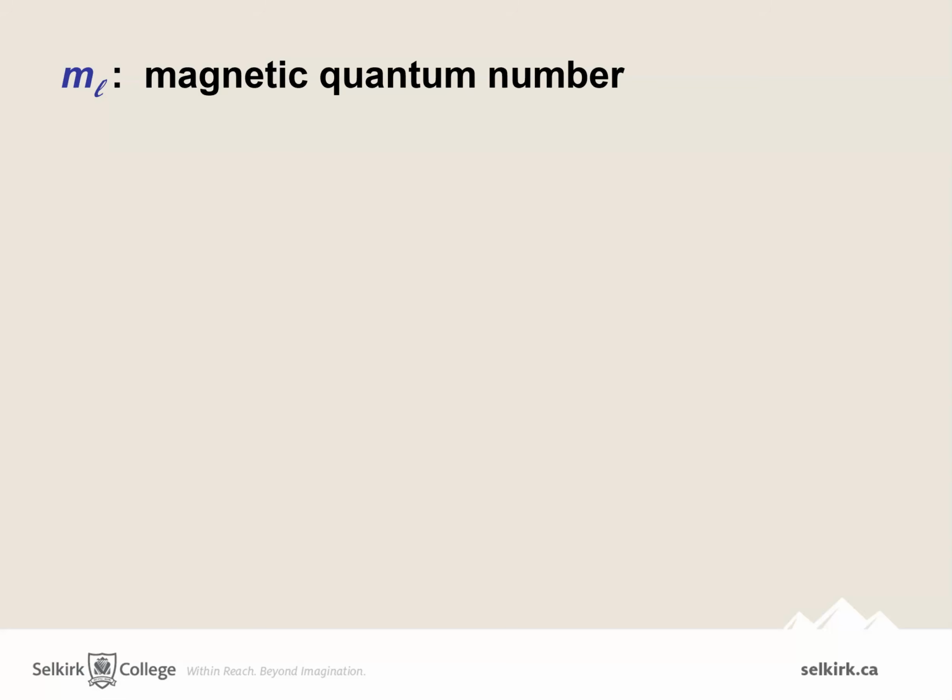Now, I don't care so much what it's called, I care what it means. Remember that when we looked at the set of p orbitals, we had the px, the py, and the pz. The only difference between those was that they pointed in different directions in space. They had a different orientation. So ml relates to the orientation of the orbital.